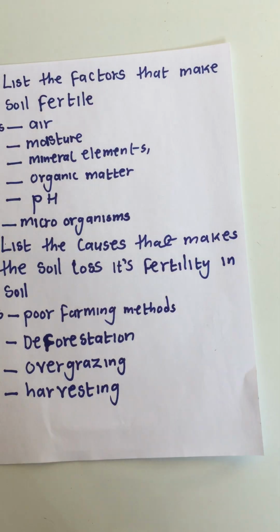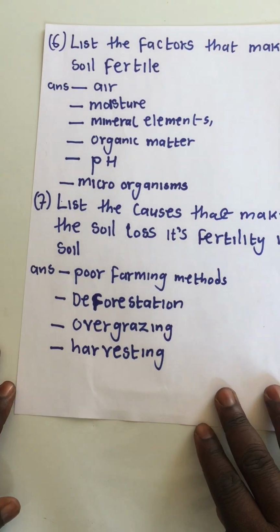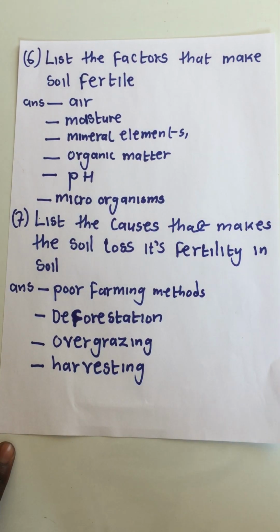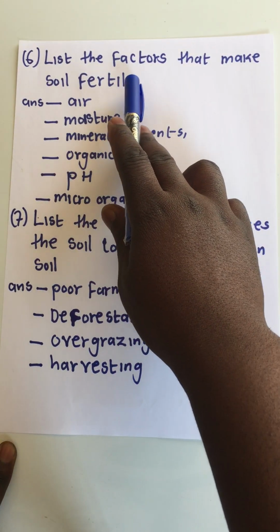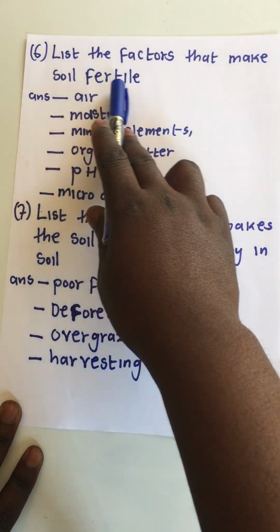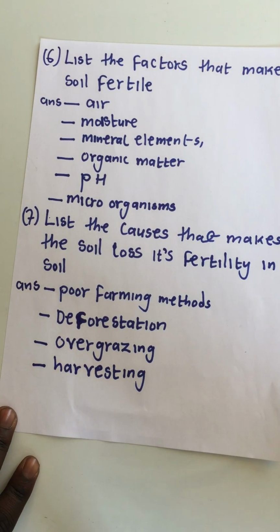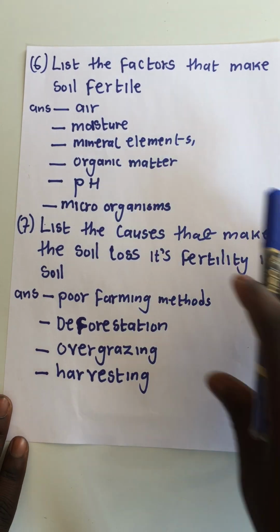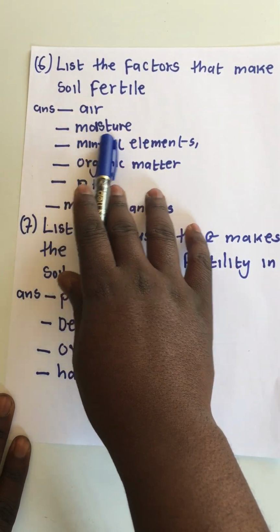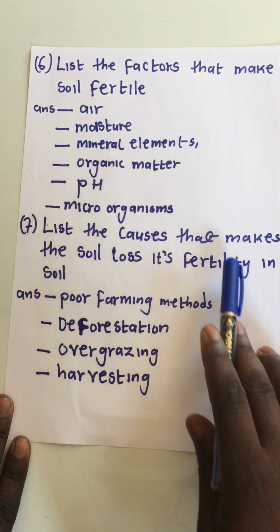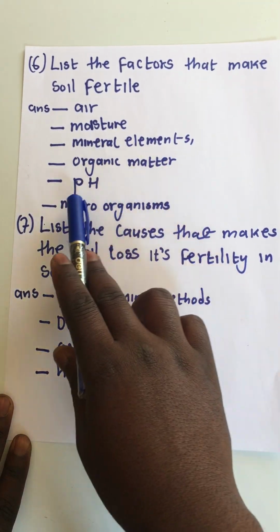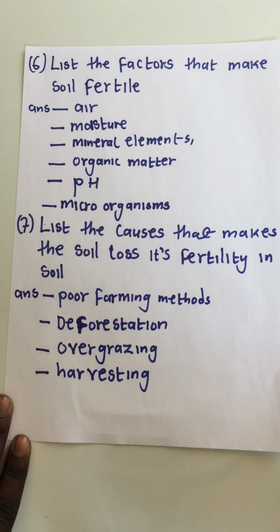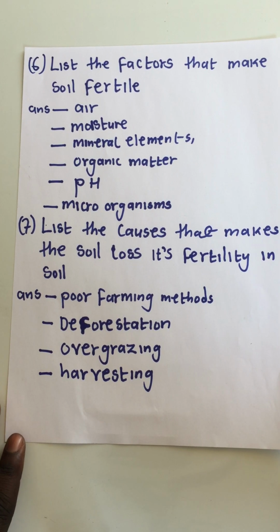So we come to number 6. Number 6 reads as, list the factors that make soil fertile. What are the factors which make the soil to be what? Fertile. We need air, moisture, mineral elements, organic matter, also pH, which stands for potential of hydrogen.